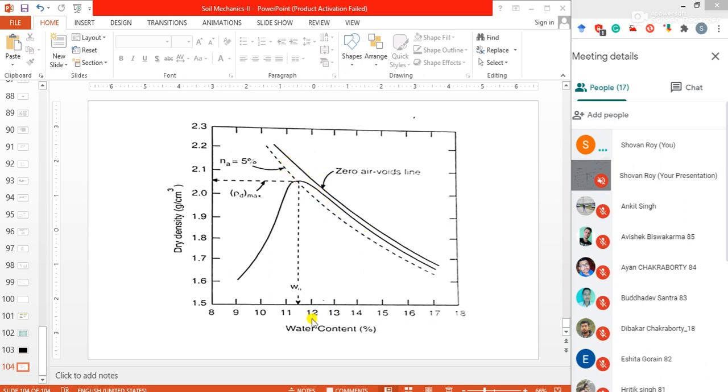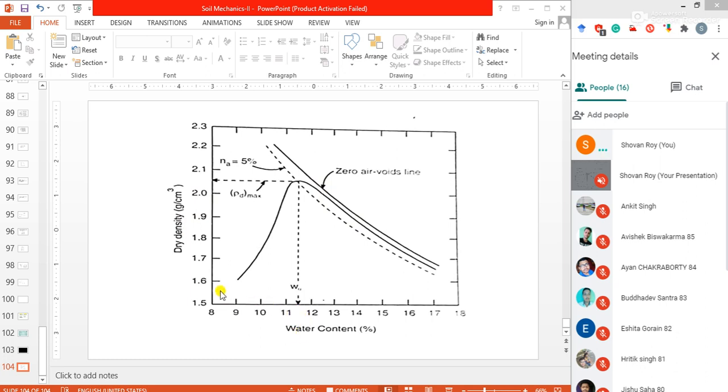So you are adding some water to the soil and you are getting some density as well as the dry density. At the same time, what is your percentage of air voids after adding the water?